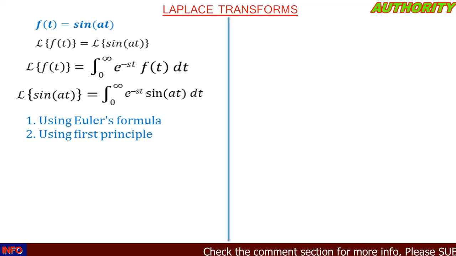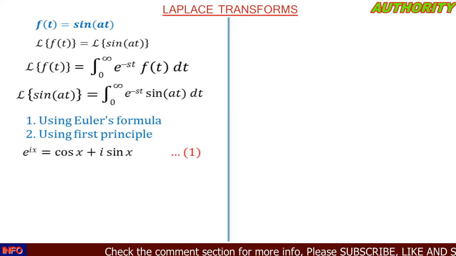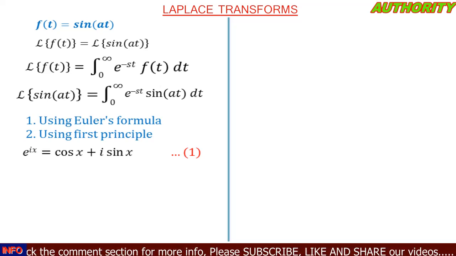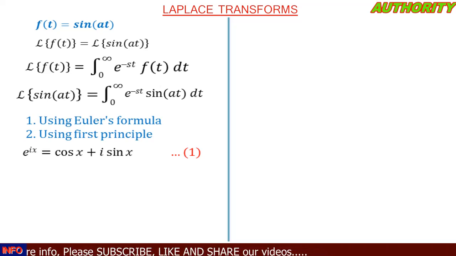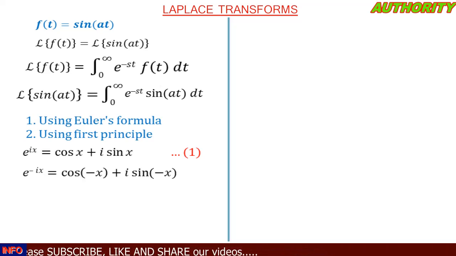In complex numbers, Euler's formula says that e raised to the power of ix is given by cos x plus i sine x. Is that true? Yes. Now, what if you have e raised to the power of minus ix? That means in place of x, you replace it with minus x.